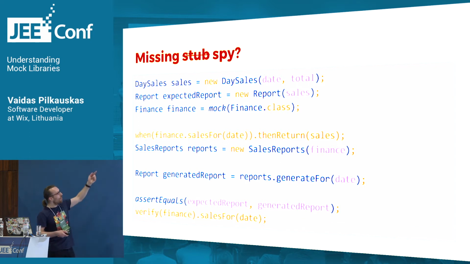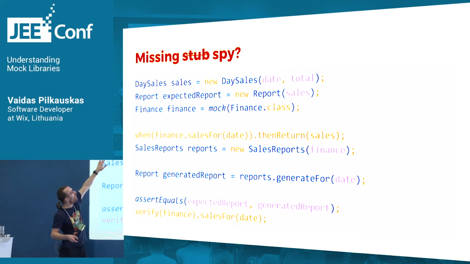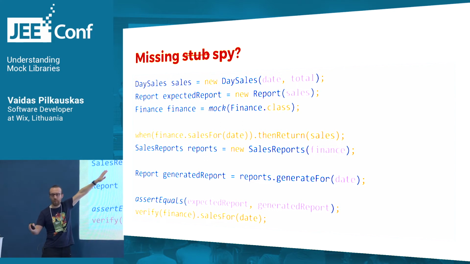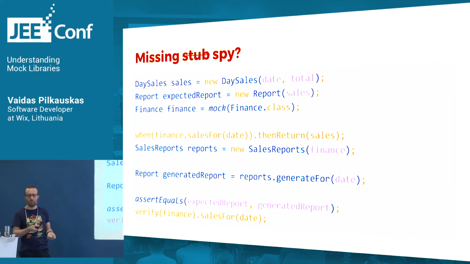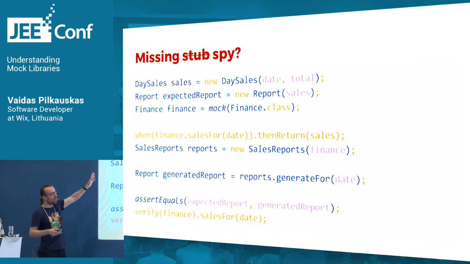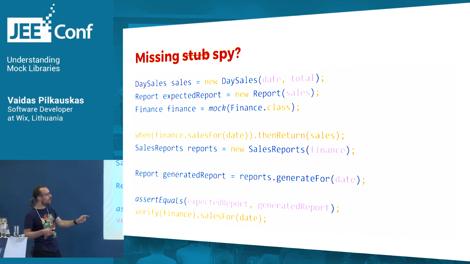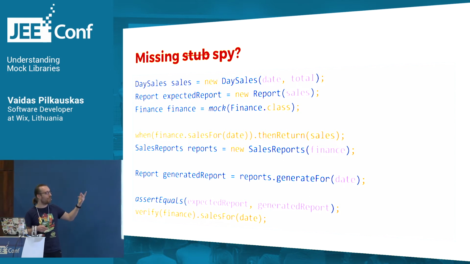Okay, and also, this, by the way, was a stub. A stub is something that returns a value. Sometimes we also want to make sure that this stub or our call was called, and this is called a spy. So you just learned about two of our test double types, which are stub and spy.